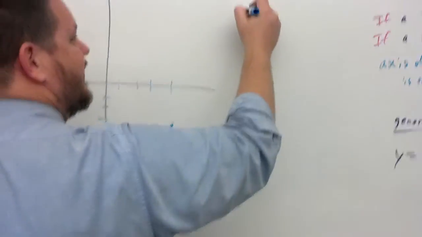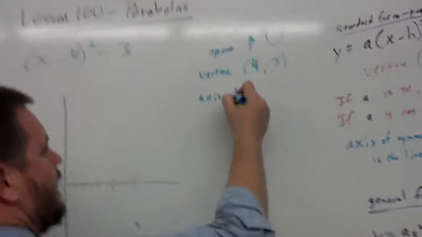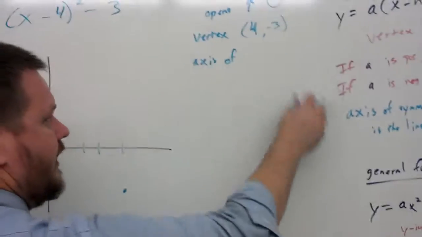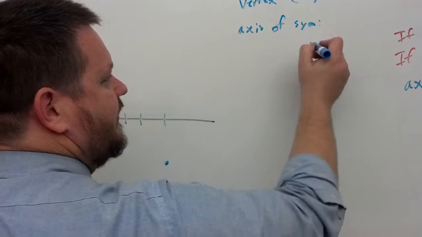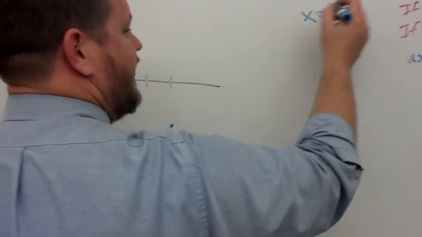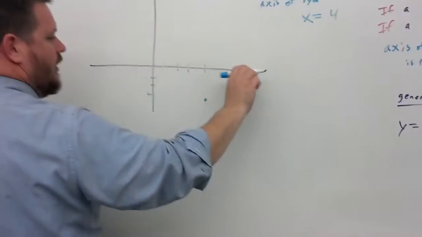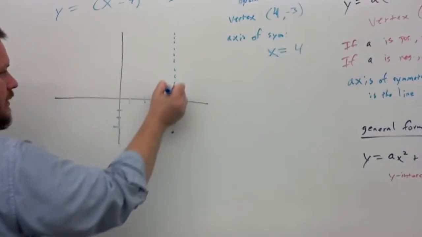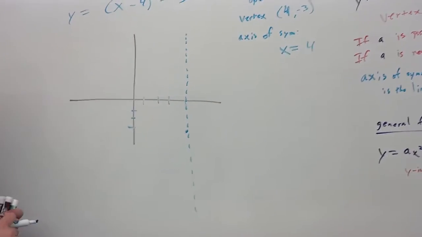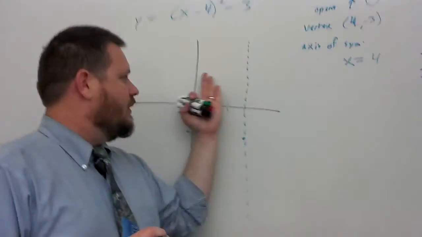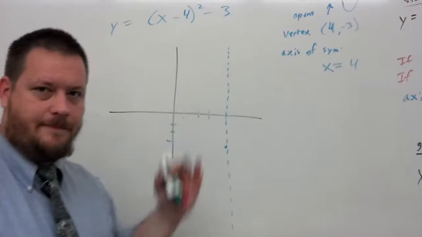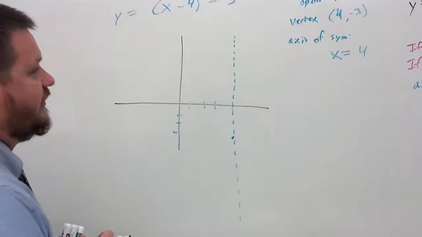Where's our axis of symmetry? The axis of symmetry is the line x equals h, and h is 4. So our axis of symmetry is right here, and the parabola is symmetrical around this line.